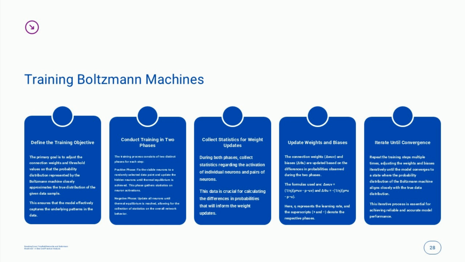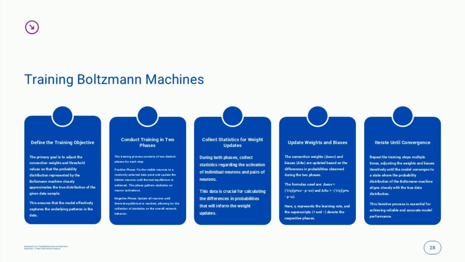This makes the network better at representing those relationships. Similarly, biases are adjusted to make neurons more or less likely to activate based on their behavior in the two phases. This is like tweaking a recipe after tasting. It ensures the final output is as close as possible to the desired result.